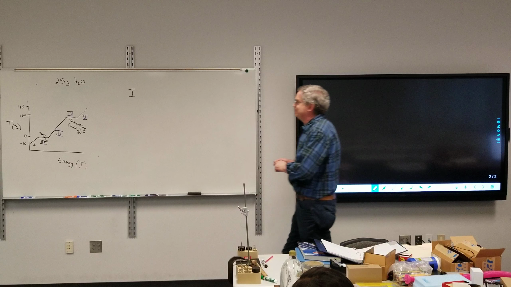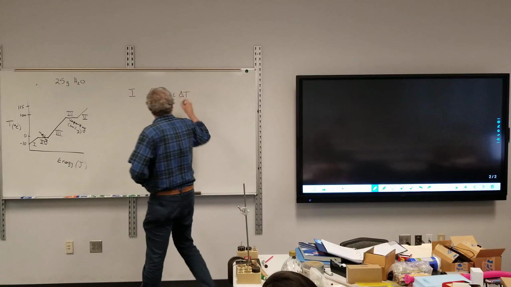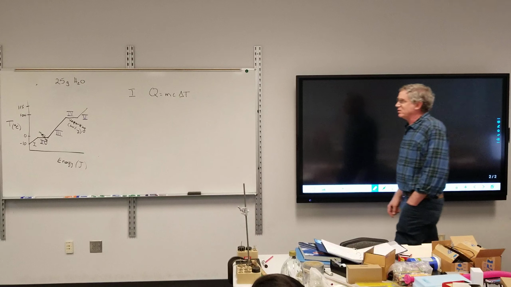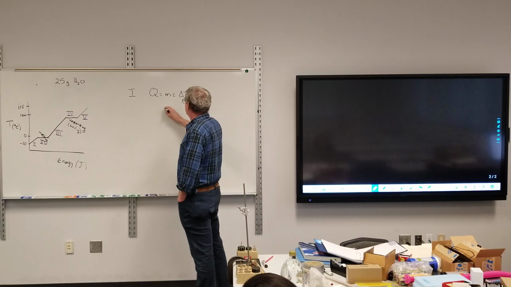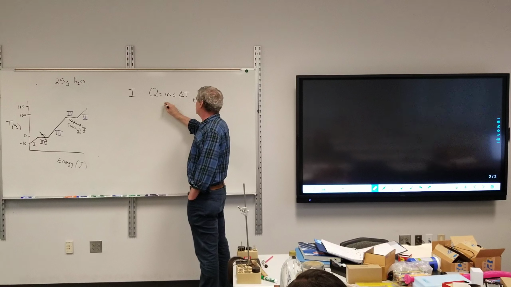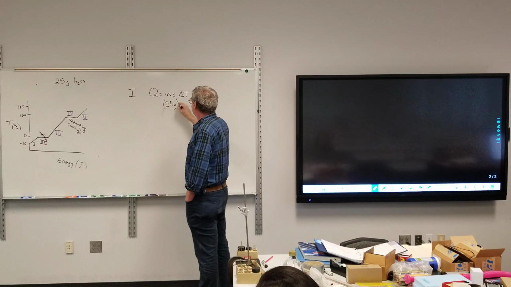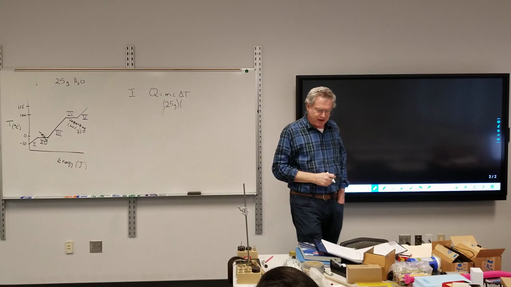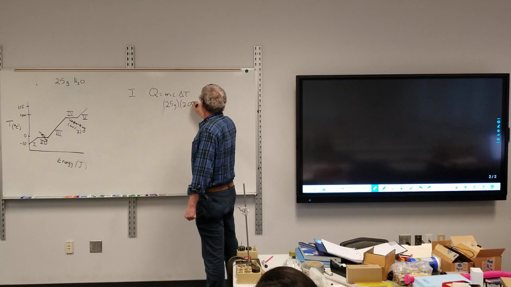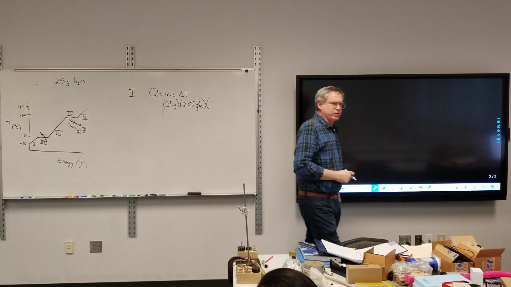Yeah, MC delta T. So Q is equal to MC delta T. So M, the mass of what we're dealing with, is 25 grams. I think my specific heat is in terms of joules and grams. So 25 grams times the specific heat of ice, which I've written down as 2.05 joules per gram degree Celsius, times what is the change in temperature?